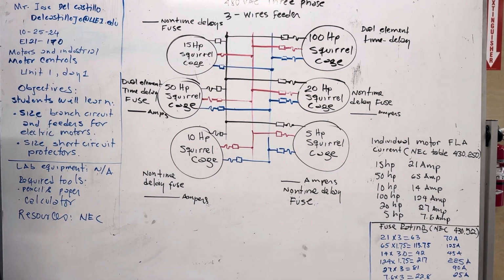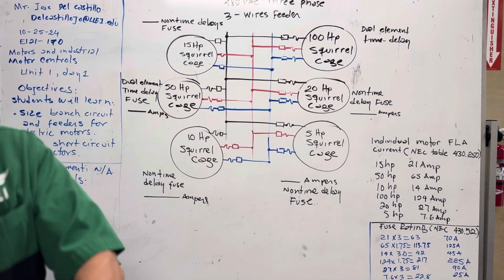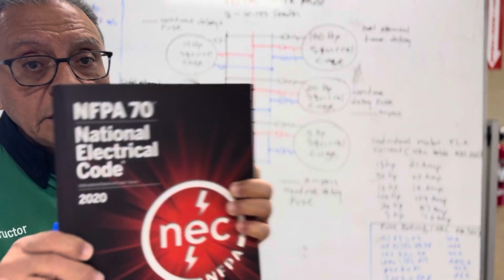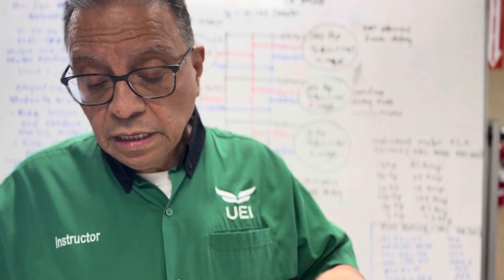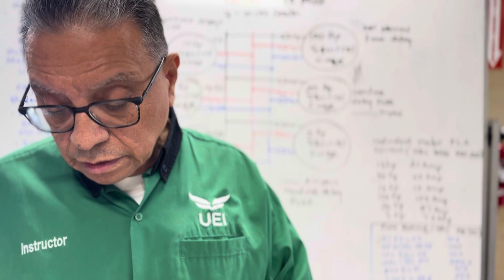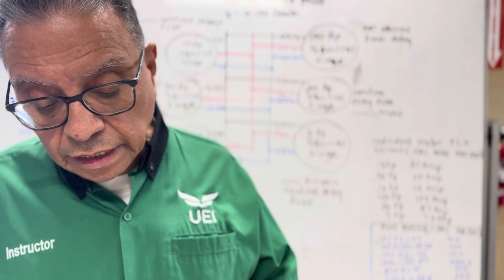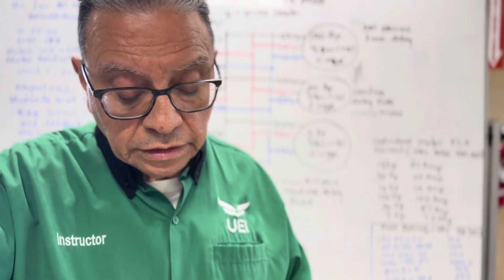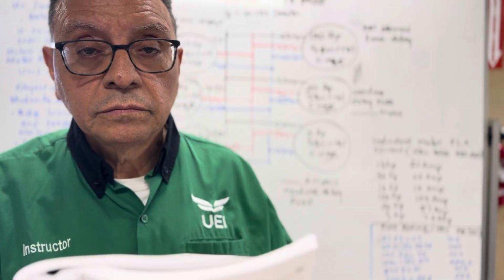My resource will be the National Electrical Code. This is my resource, and the two tables that I will be using are, this is one, 420.50.